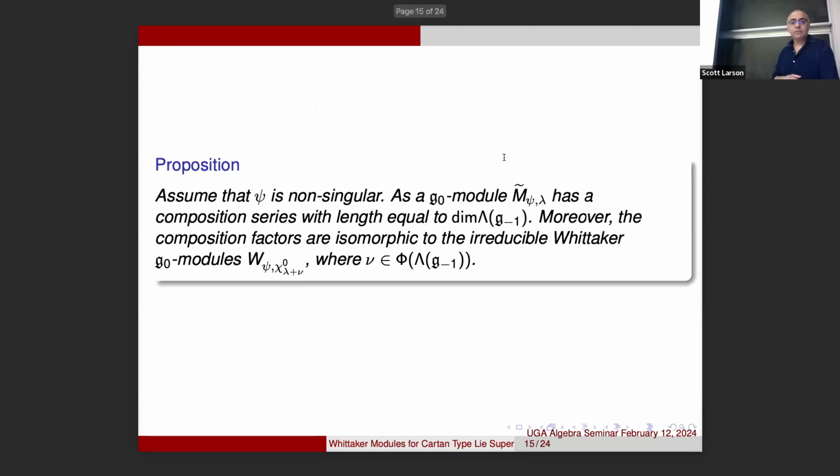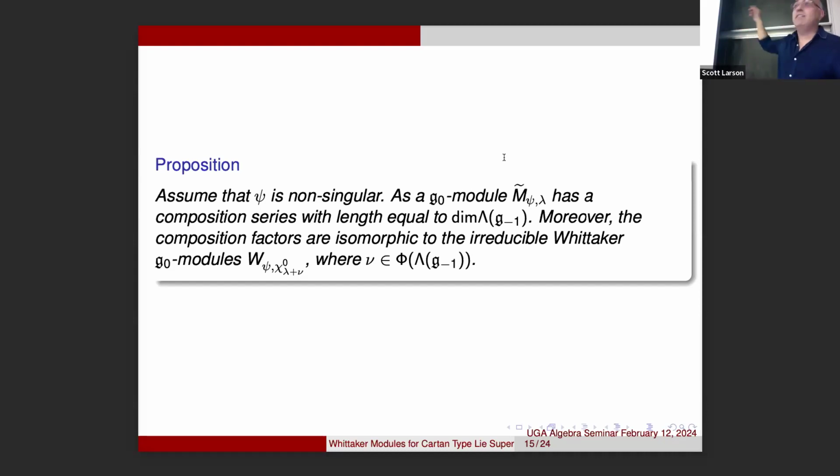One thing we should prove, when we talk about the description of simple modules, is that these induced Whittaker modules for G, M tilde, admit a composition series, and the composition factors are isomorphic to irreducible Whittaker G0 modules W. This is one of the things we did in our paper for the classical case, and the same proof works for the Cartan type.